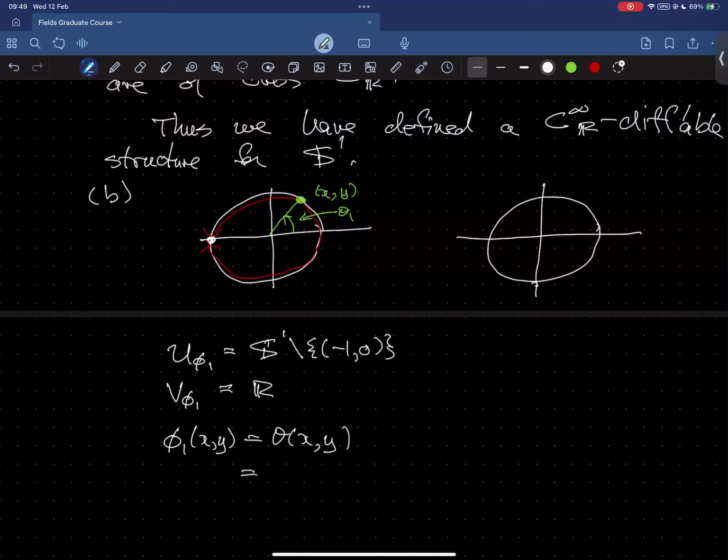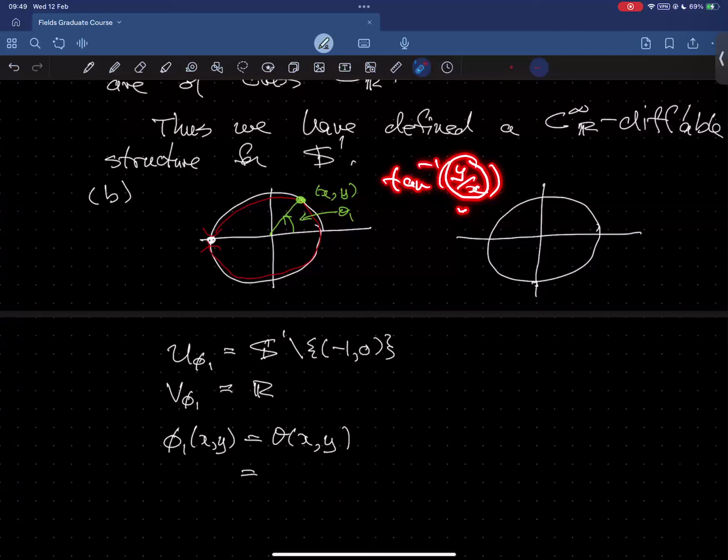But you have to be a little bit fussy here. And if you're working with examples and you're doing this thing in practice, you have to be careful with how you do this sometimes. So if you just define the angle theta to be, let's say, the arctangent of y over x, okay, this has a problem because if you change the sign of both x and y, then this can't distinguish between those points.